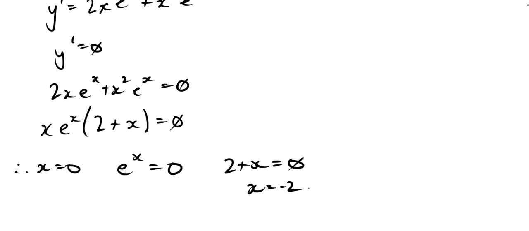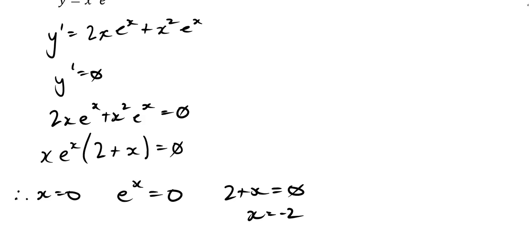And this is where now we revert back to the graph and we think about this. What about all of these? So if x equals 0 or x equals negative 2, that's the input.